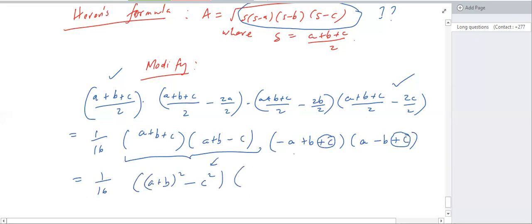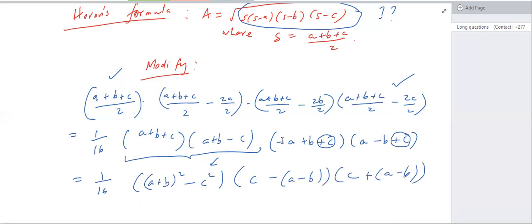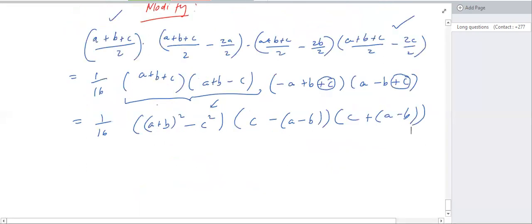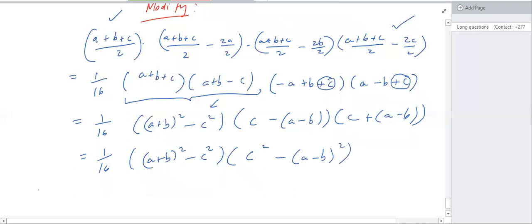Into, let's look at this. This can be written as C minus A minus B into C plus A minus B. Now, simplifying this should give me 1 over 16 into A plus B all squared minus C squared into C squared minus A minus B all squared.